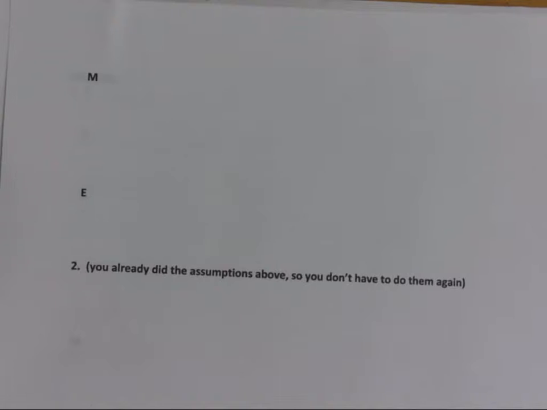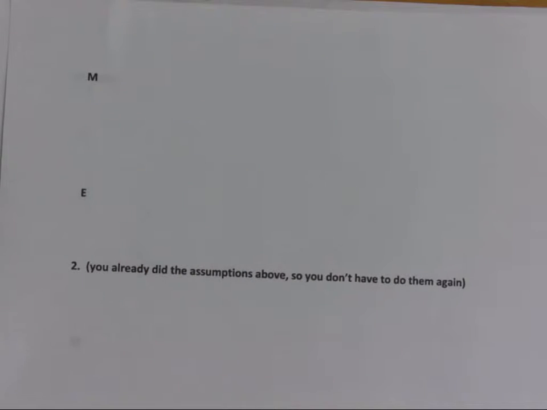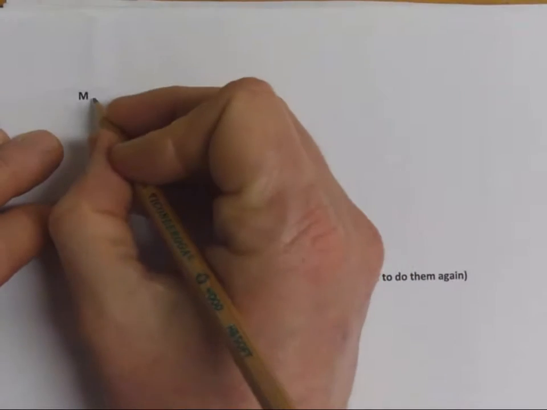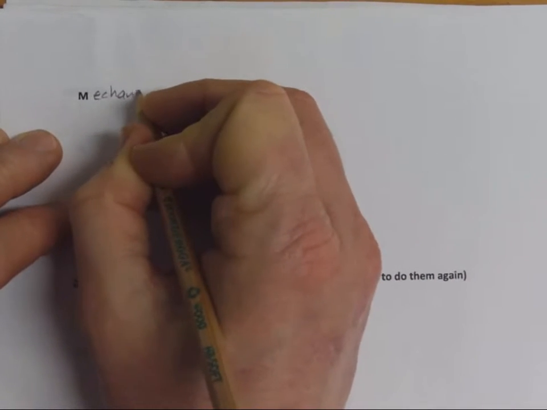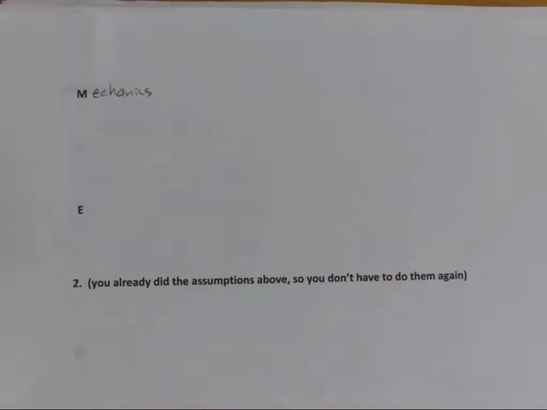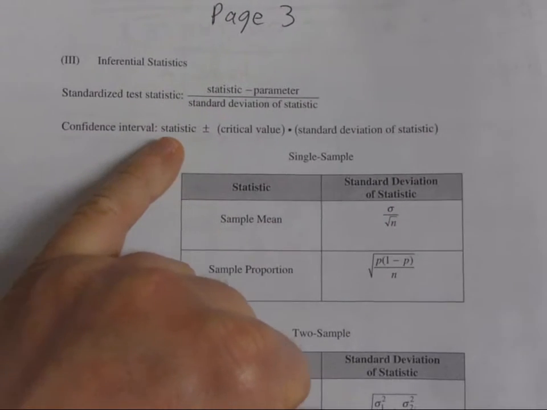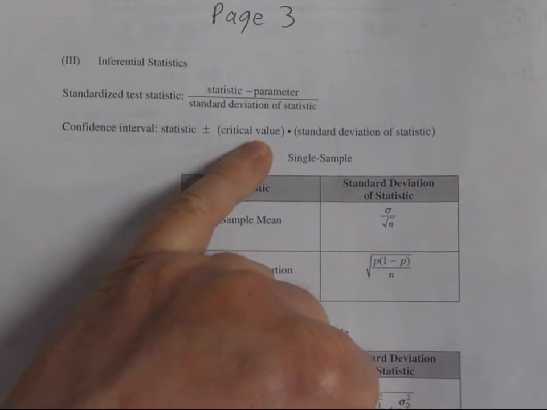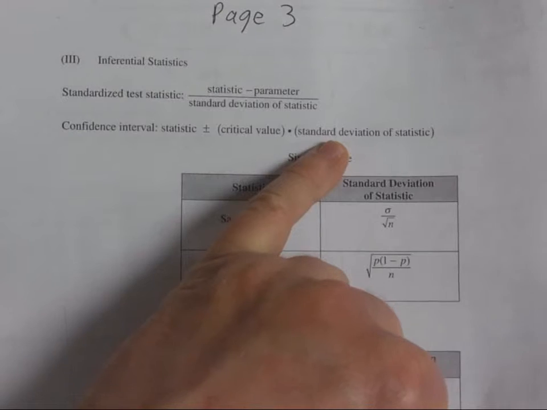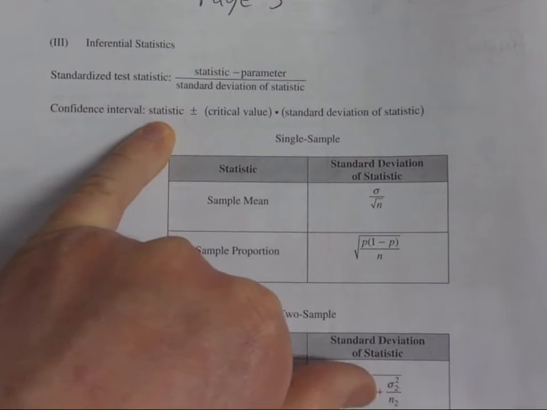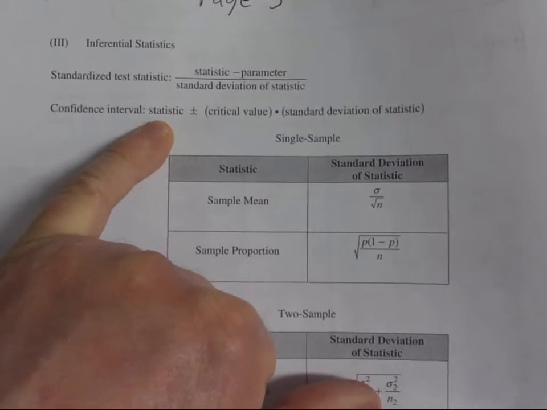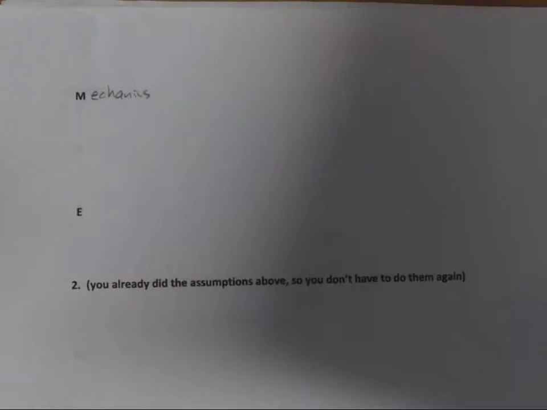So now, yes, you can use the shortcut on your calculator to create the mechanics. But you do need to understand how to make this interval by hand. And so if you go to your formula sheet, to make a confidence interval, remember it's statistic plus or minus critical value times standard deviation of the statistic. Well, our statistic, we got two of them, and we're subtracting them, x bar sub 1 minus x bar sub 2, or what letters did I use?